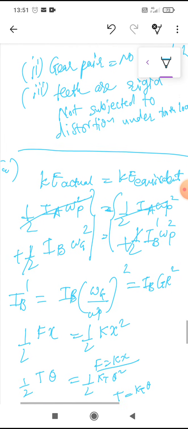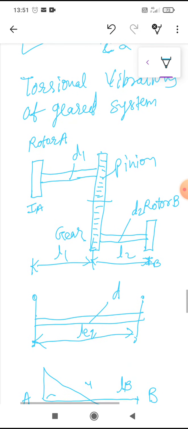So we have seen the torsional vibration gear system where the power is transmitting between two rotors with the pinion and gear having diameters D1, D2, moments of inertia IA, IB, having lengths L1 and L2. So the direction is being reversed here, and if you have to convert it into a single two-rotor system on the same diameter, then we have to find the equivalent length and equivalent diameter.